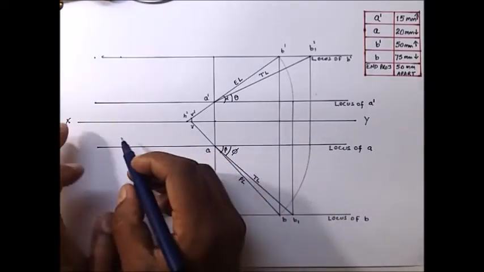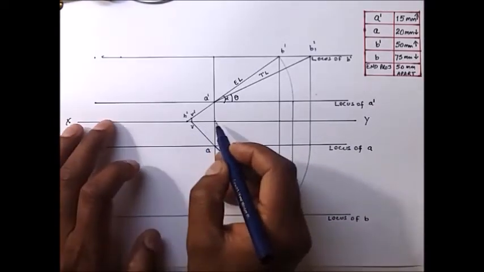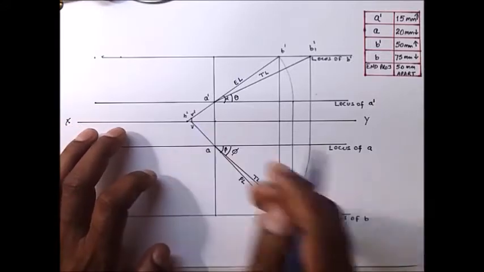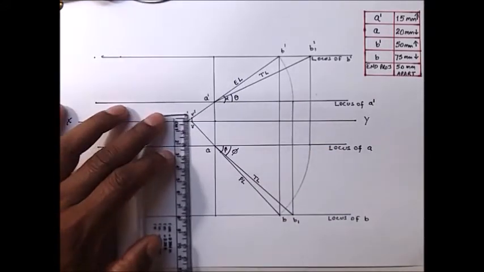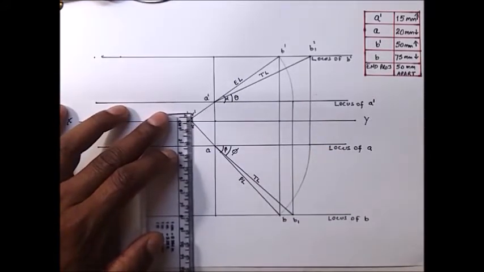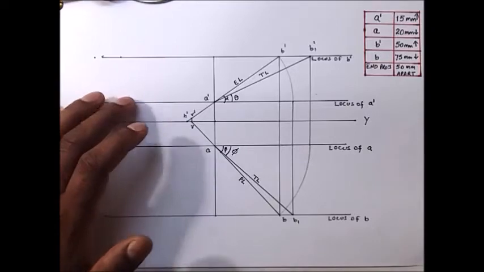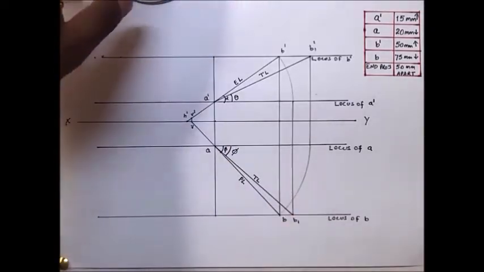You can measure the distance of point V dash from the XY line. This will be approx 4 mm. Right. This is your vertical trace.